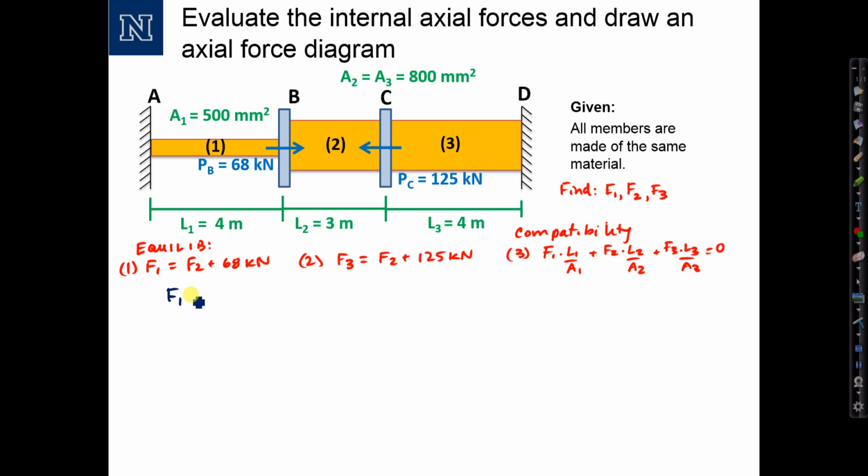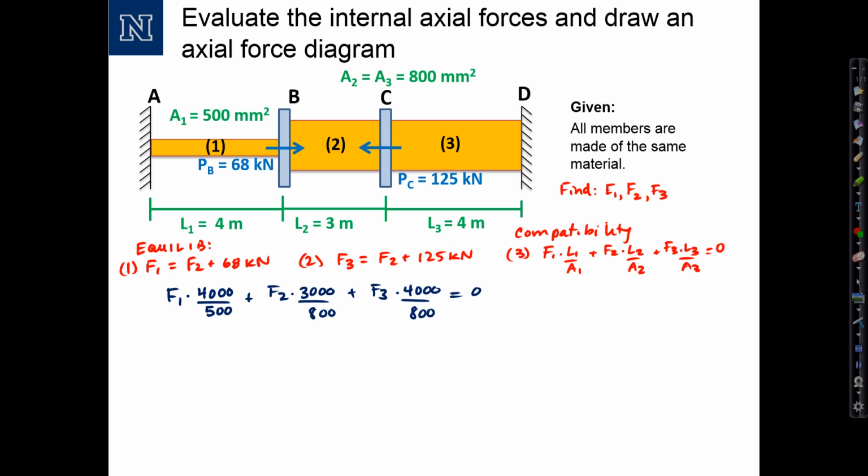We did this for the other method as well, so without too much description, I'll just go ahead. F2 times 3,000 over 800 plus F3 times 4,000 over 800 equals 0. Again, those units don't matter too much. They're going to cancel out.